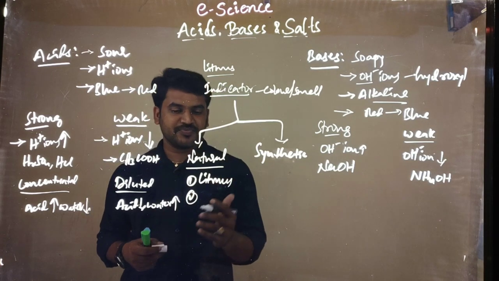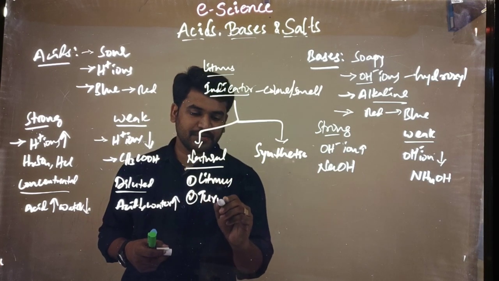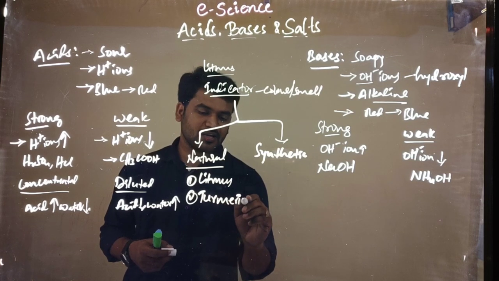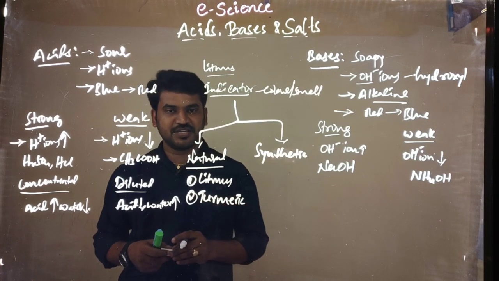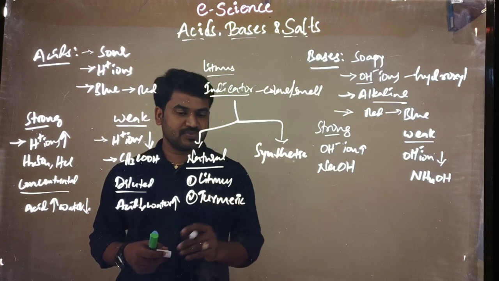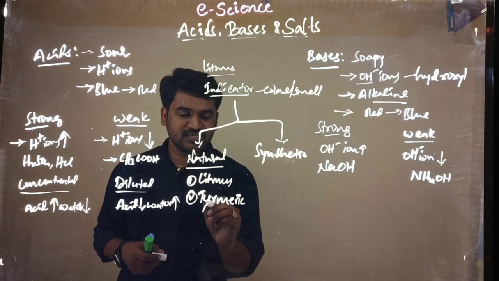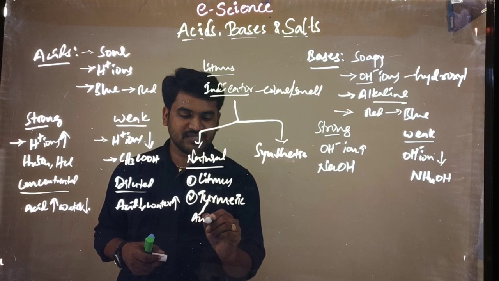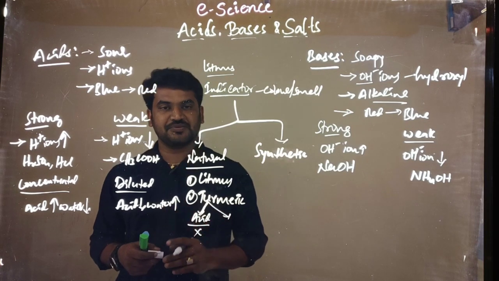Okay, so that is what litmus is, a natural indicator, right? And turmeric is also an indicator.